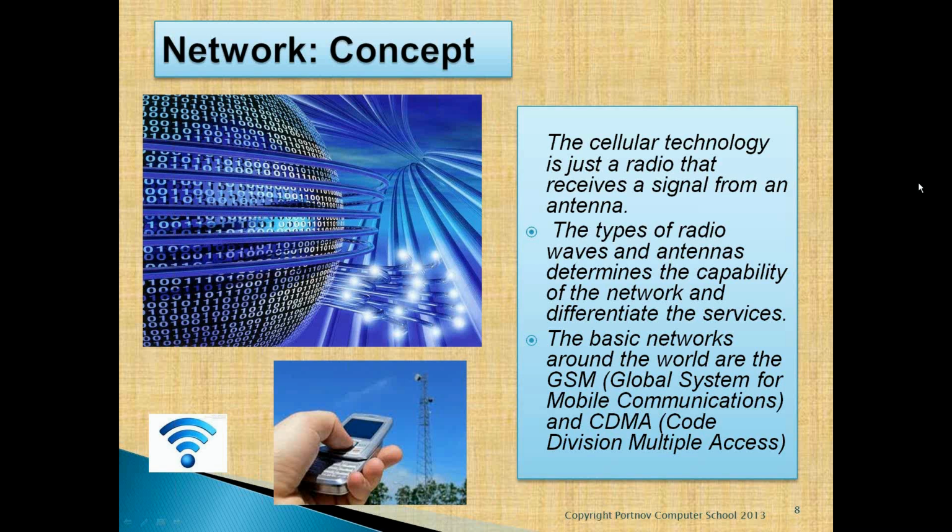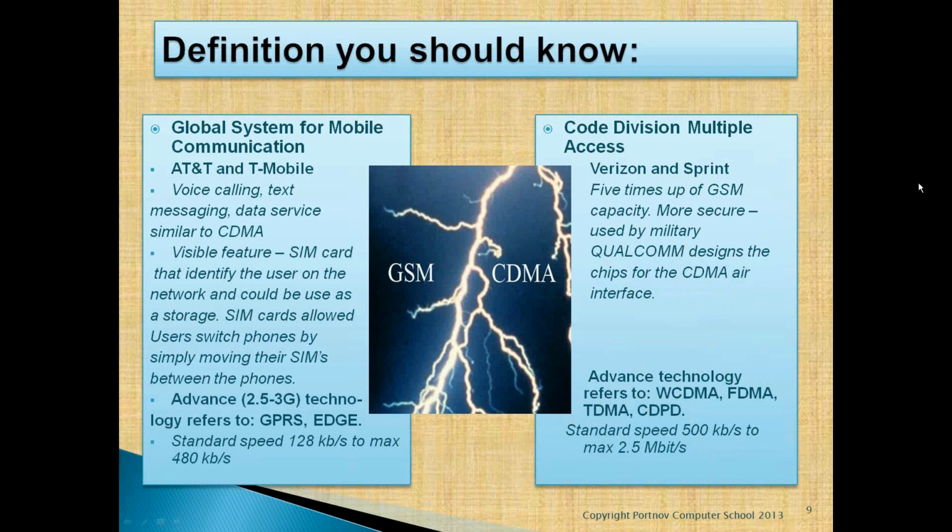And it's funny, with all our super technology we have in the hand around the world, if we take this globally, the basic networks are still GSM, Global System for Mobile Communication, and CDMA, Code Division Multiple Access. So what is the differentiation between these two, the distinguishing feature?